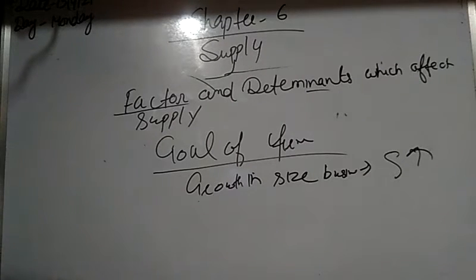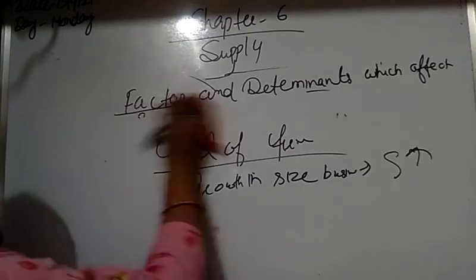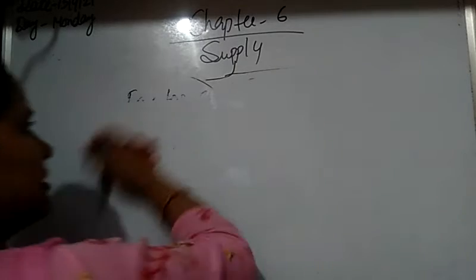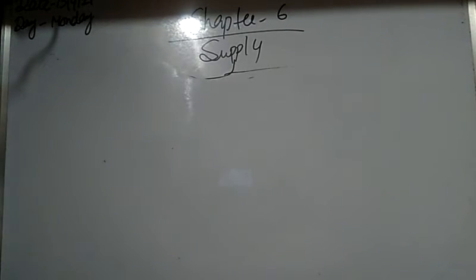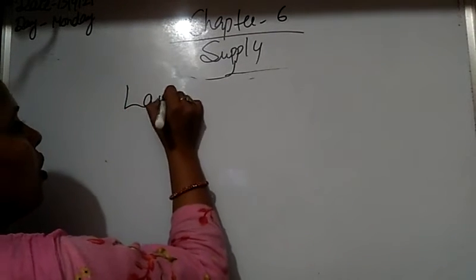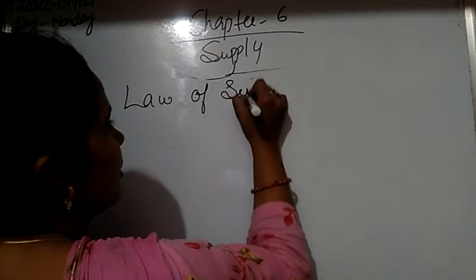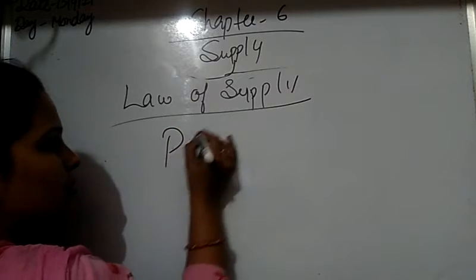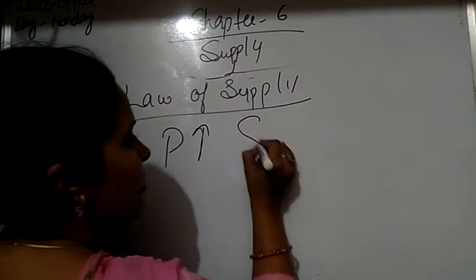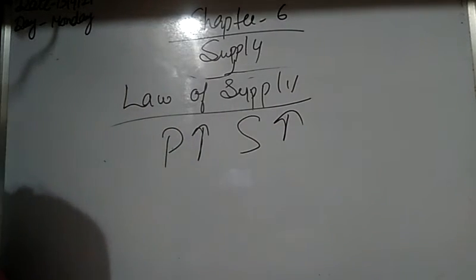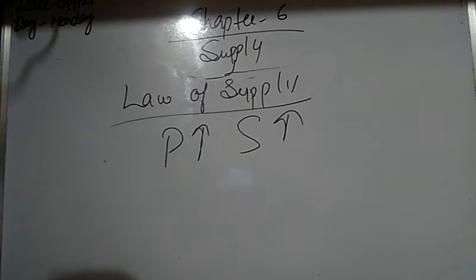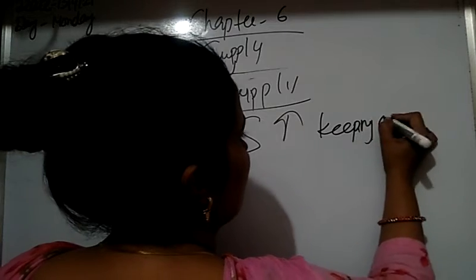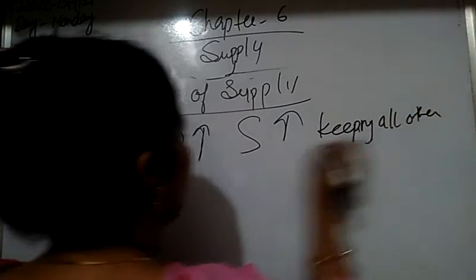Okay students, next is the law of supply. We already covered this when we discussed the first factor, price of a commodity. The law of supply states that when the price of a commodity increases, the supply of the commodity also increases, keeping all other factors constant.